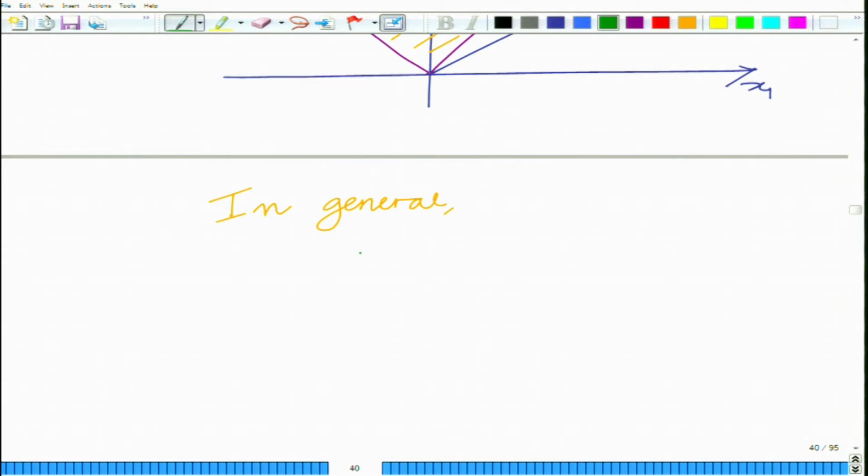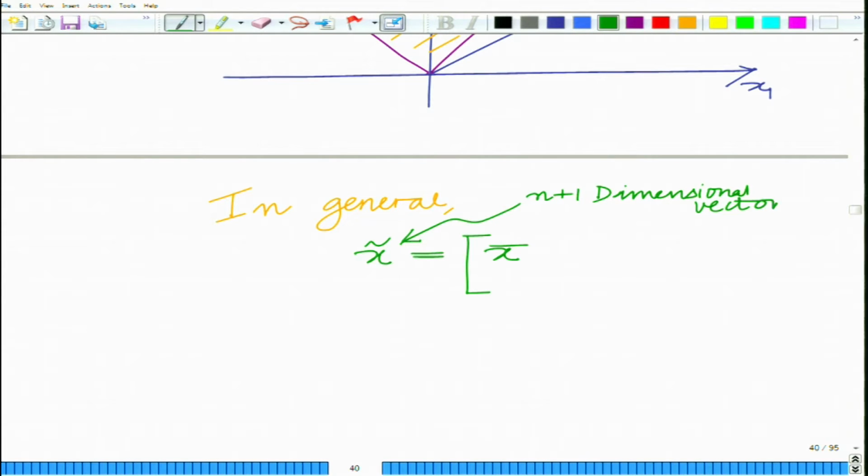To generalize this, we have x tilde, let us say an n plus 1 dimensional vector, of which we form the first n dimensions.